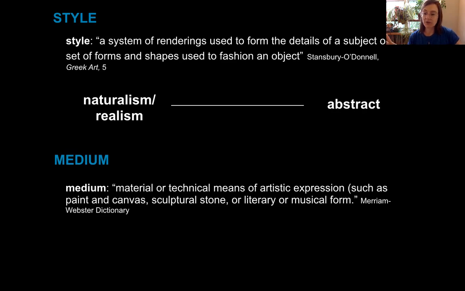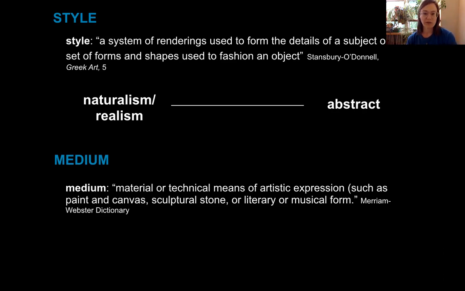The Merriam-Webster definition here: a material or technical means of artistic expression, such as paint and canvas, sculptural stone, or literary or musical form. The cool part in a way is the medium, because this is the material that allows someone's imagination to come into being, essentially.